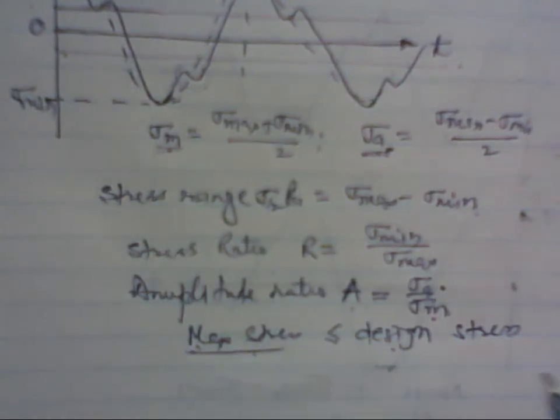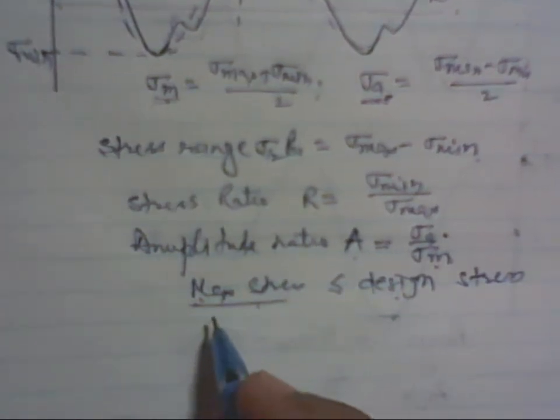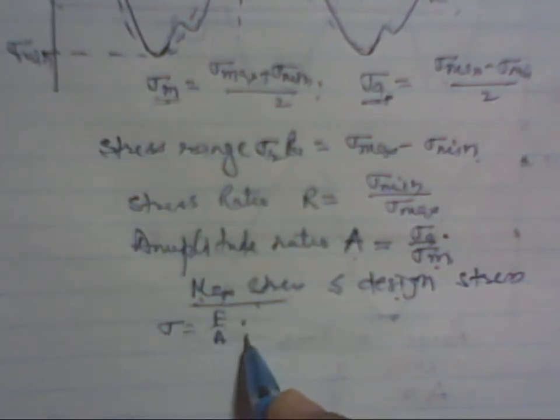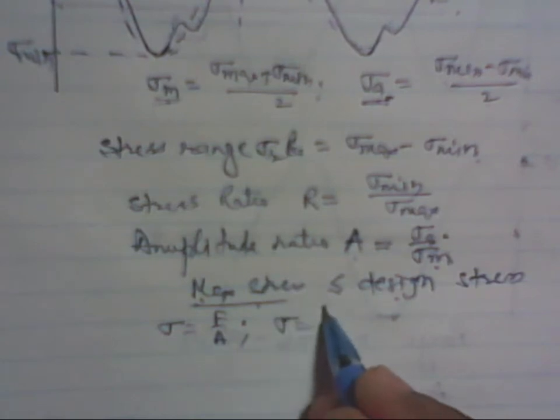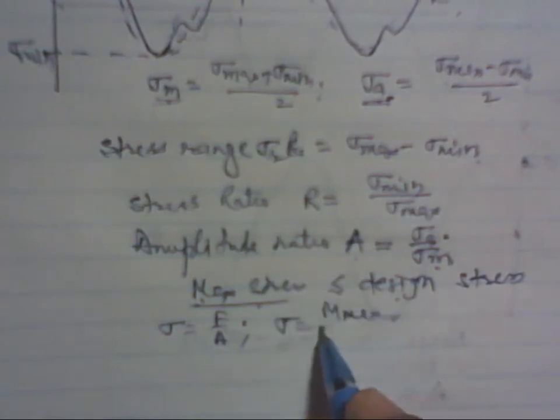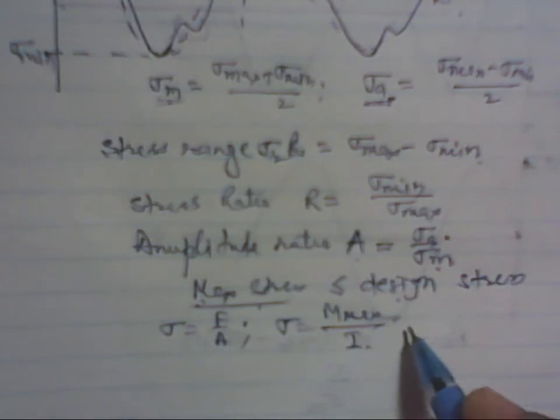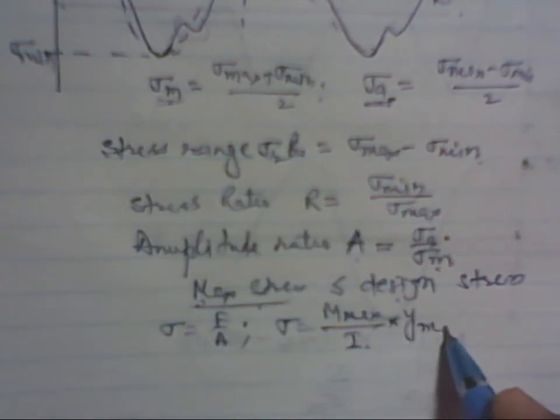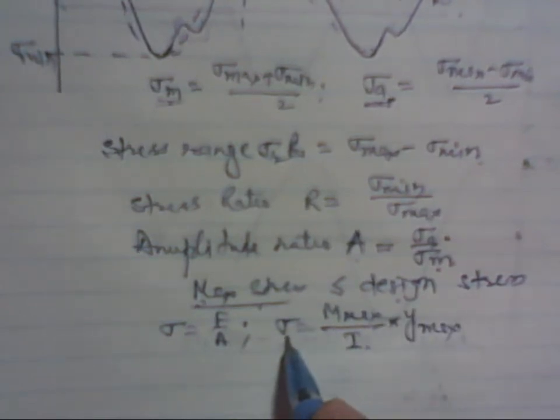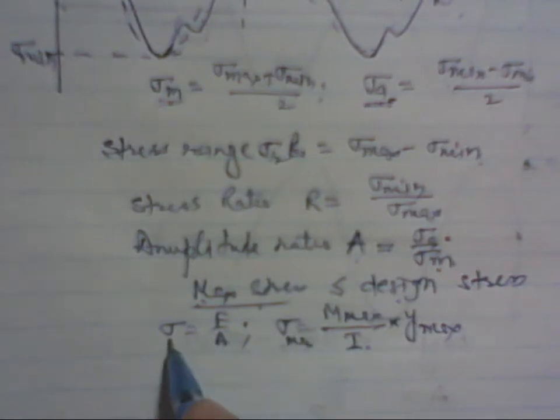If it is uniaxial load, we can find out maximum stress by using sigma is equal to F by A. If it is bending, that is M maximum, where bending moment is maximum, over I about the neutral axis into Y maximum. This will give us sigma maximum.